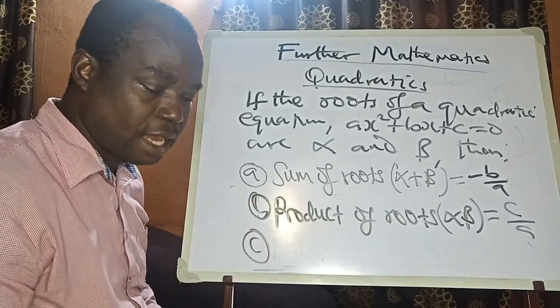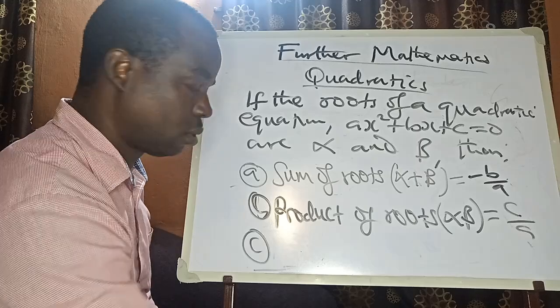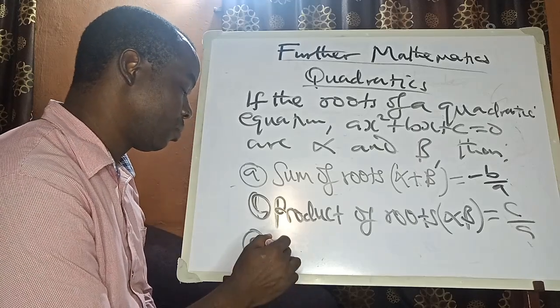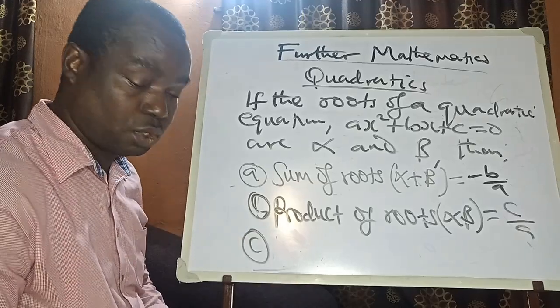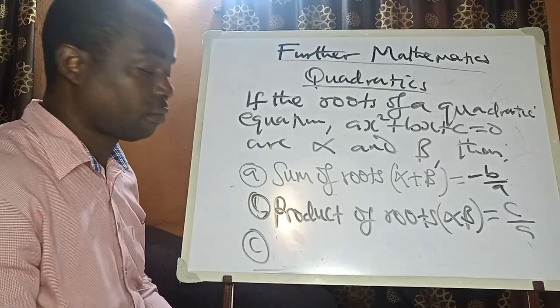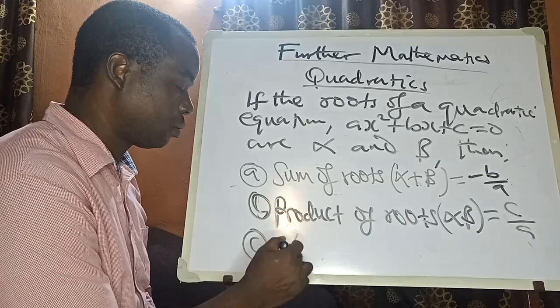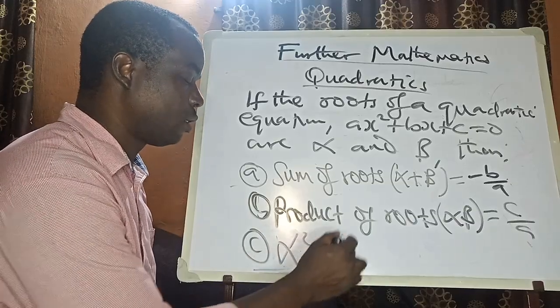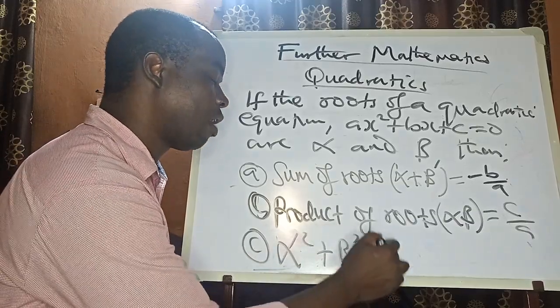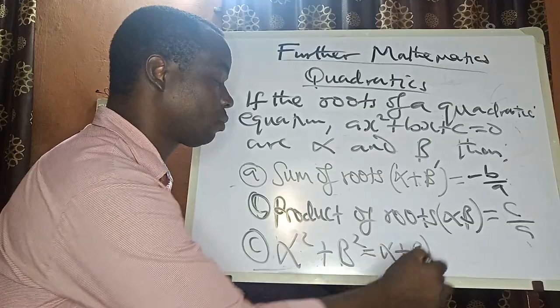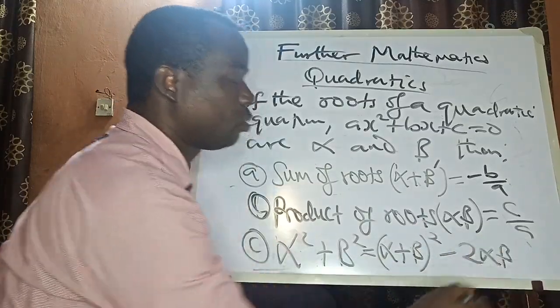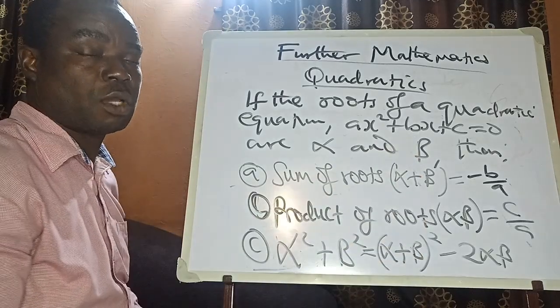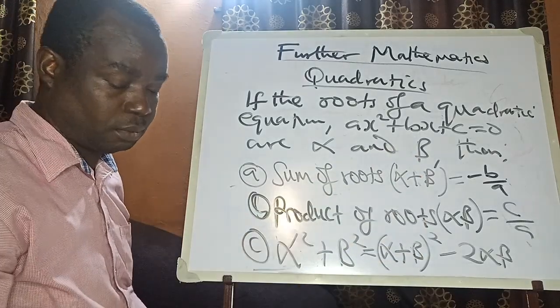Then we'll begin to write down some formulas. Alpha squared plus beta squared is equal to alpha plus beta all squared minus 2 alpha beta. Just make a copy of the formulas.